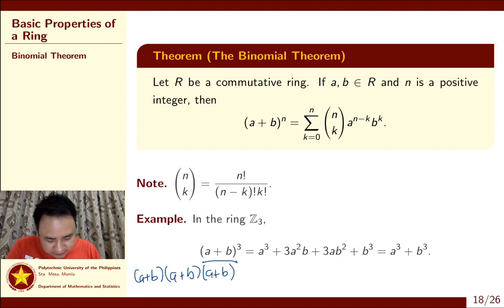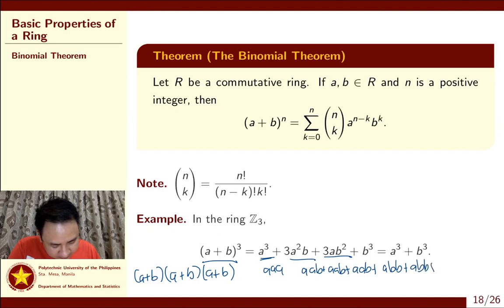Pero ito, meaning niyan, A squared B: AAB plus AAB plus AAB, plus tatlong 3AB squared: ABB plus ABB plus ABB, plus BBB. So, yan ang meaning talaga niyan.